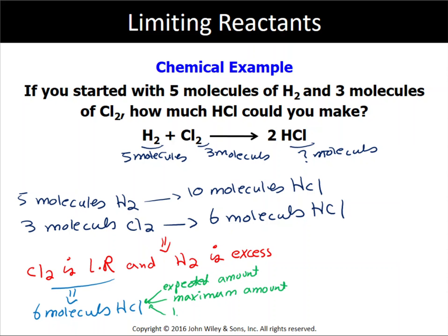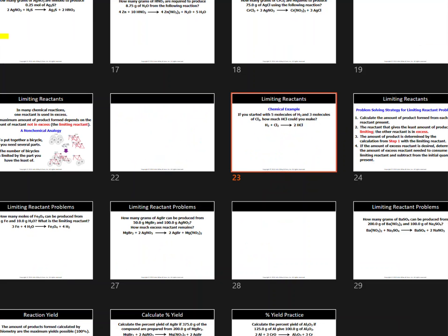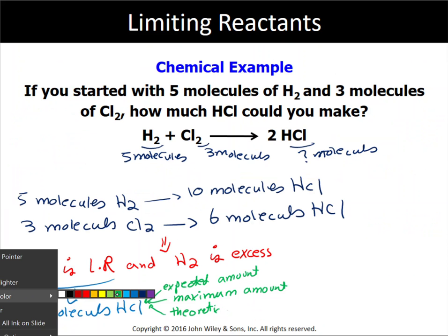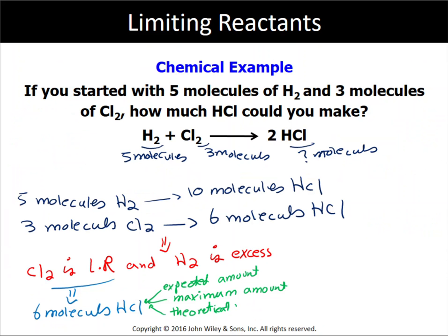Or I can also call this the theoretical yield. So, from a reaction of 5 molecules of hydrogen gas and 3 molecules of Cl2, I know that the maximum number of HCl molecules that I can make is 6 molecules.